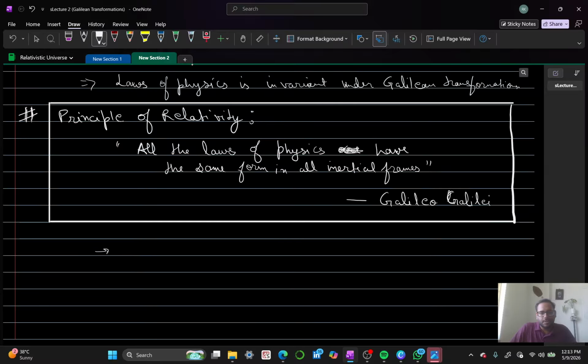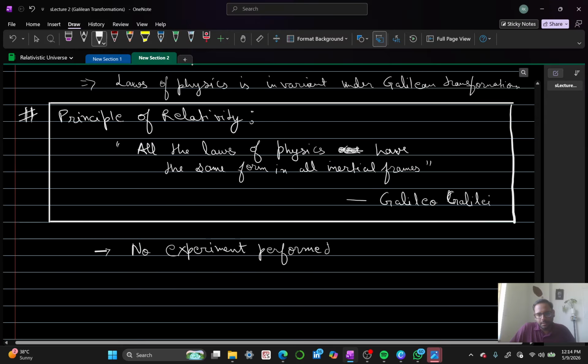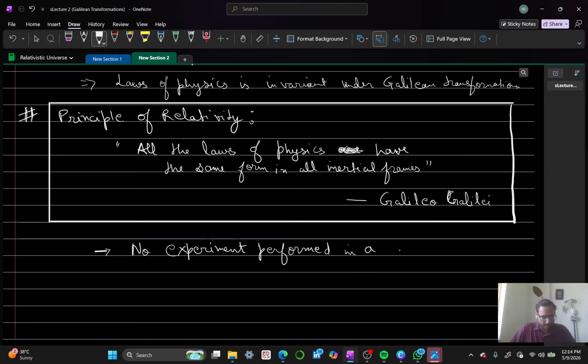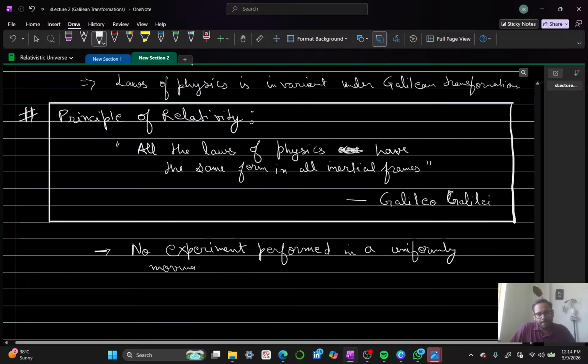What this principle of relativity signifies is that there is no experiment you can perform in a uniformly moving laboratory. Suppose you are in a constantly moving train.